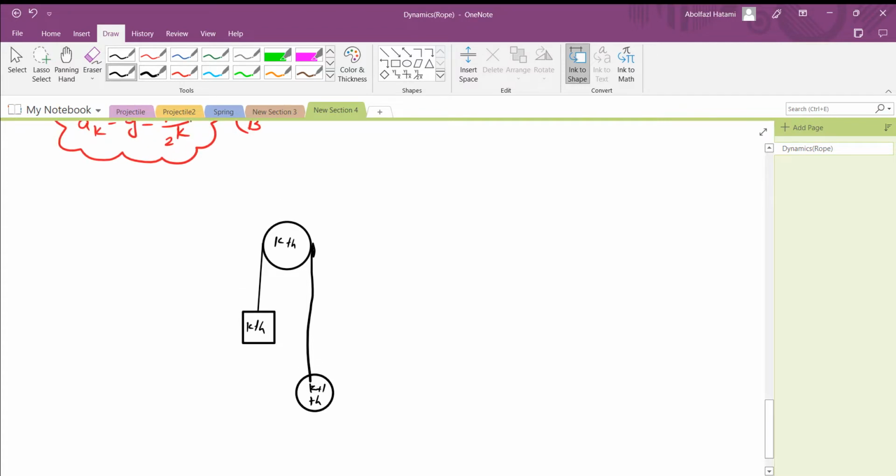So how can we obtain a relation between the accelerations?